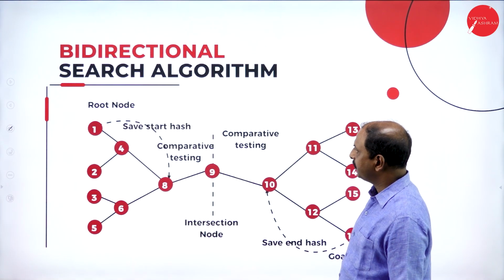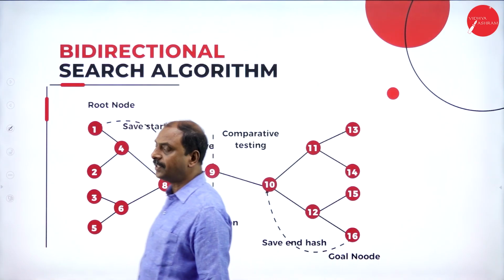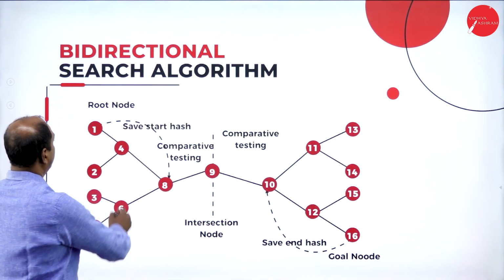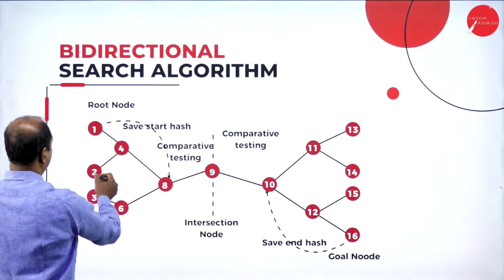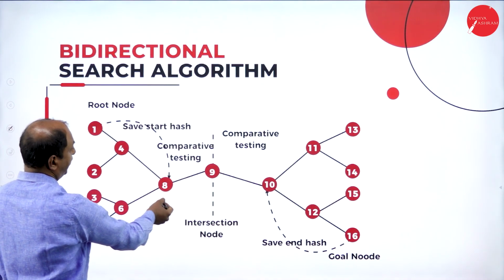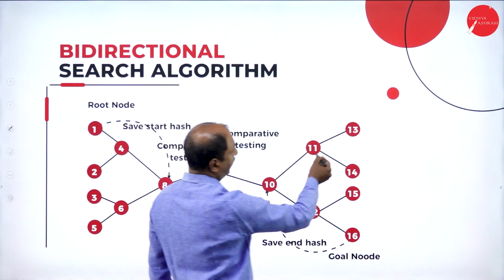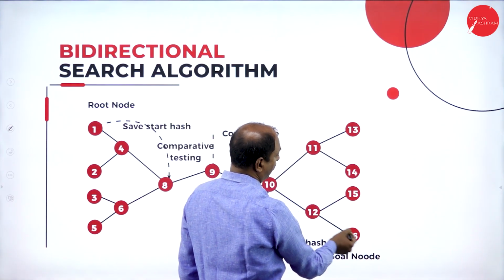Now let us see the diagram. This is a graph with nodes 1, 2, 3, 4, 5, 6, 8, 9, 10, 11, 13, 14, 15, 12 and 16.